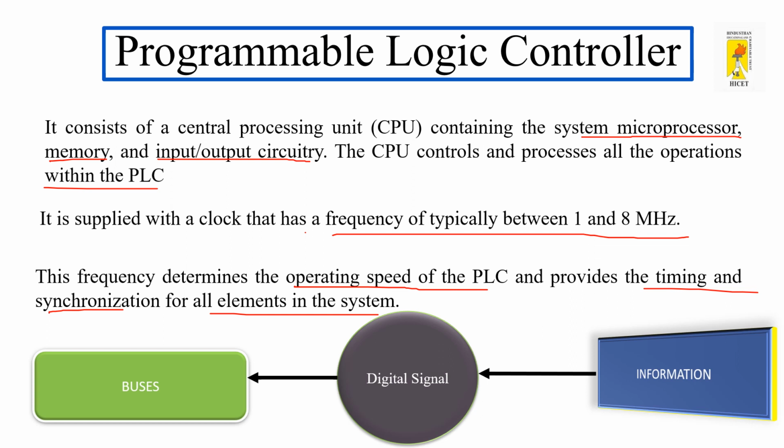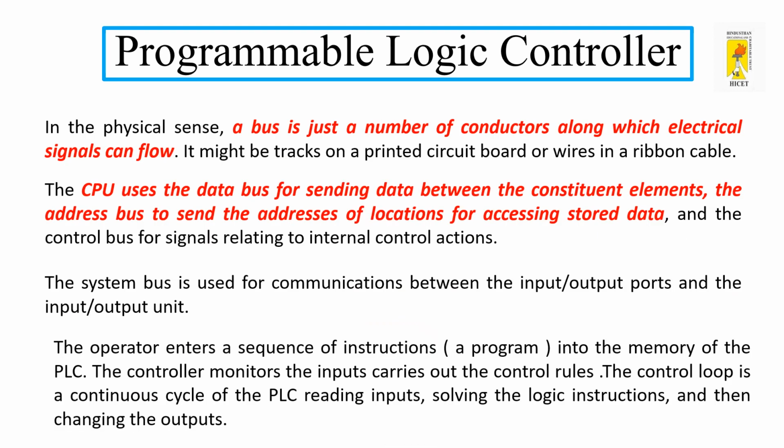The information is converted into digital signal format, and it is passed across with the help of communication buses. Now talking about a bus: a bus is just a number of conductors along which electrical signals can flow. It is a ribbon cable like structure which runs across the PLC.